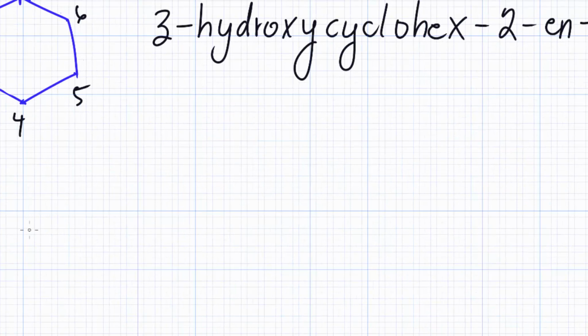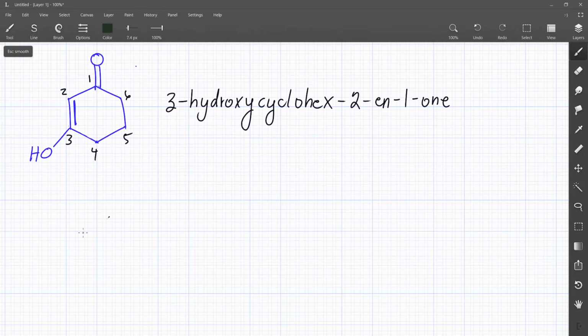Alright, if I did this problem, and let's say we put OH here and a double bond O here. Now, our ketone has the highest priority.